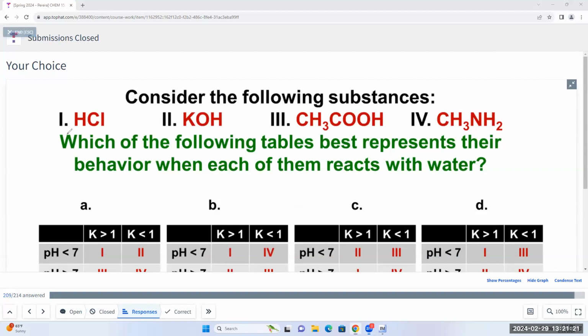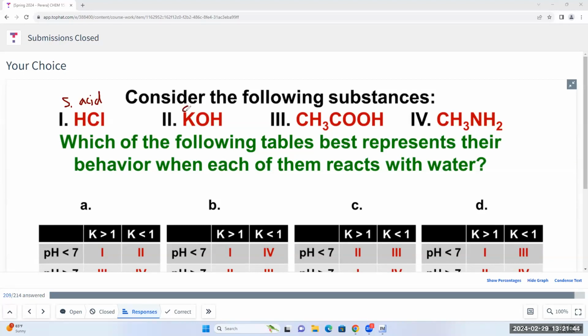Here are the decisions we need to make. The main decision is whether these are acids or bases. HCl, acid or base? It's an acid. Is it strong or weak? It's a strong acid. KOH, acid or base? Strong or weak?